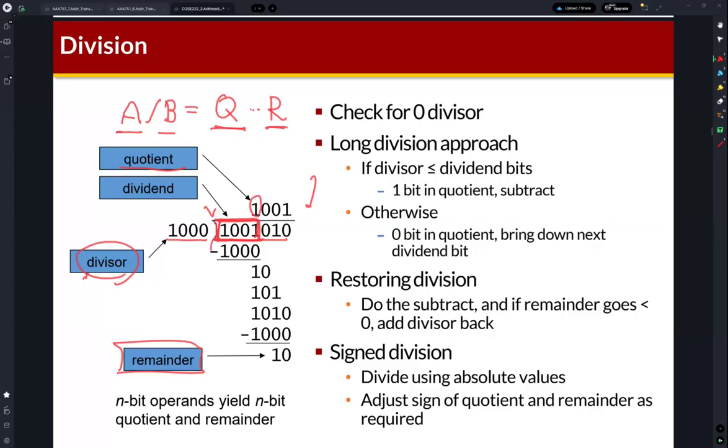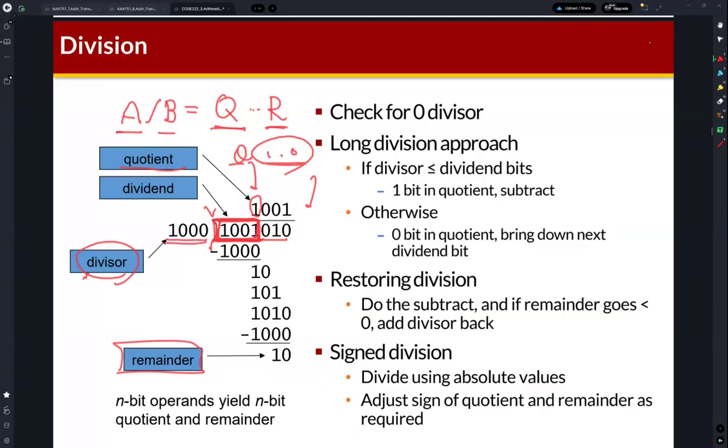We just compare. Because this is a binary number, a bit of the quotient can have only two values, 1 and 0.